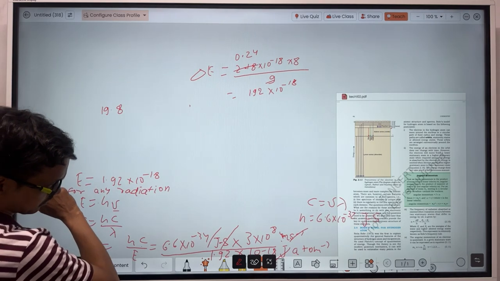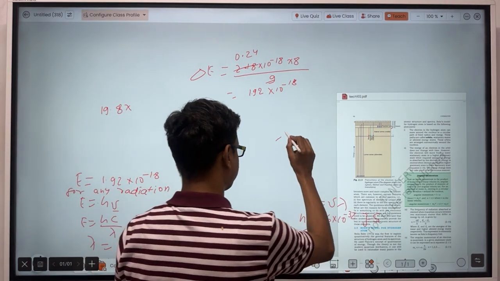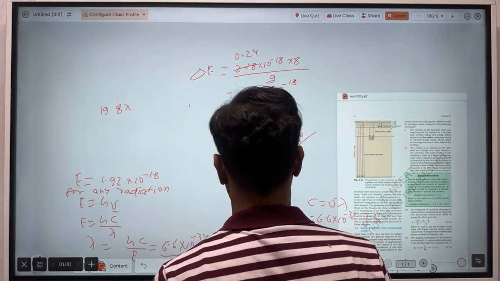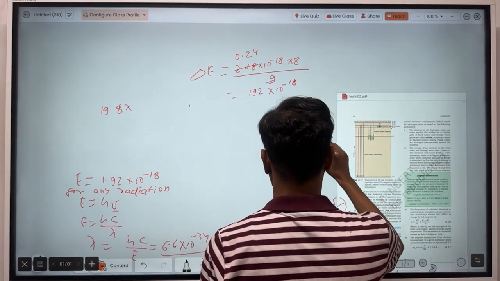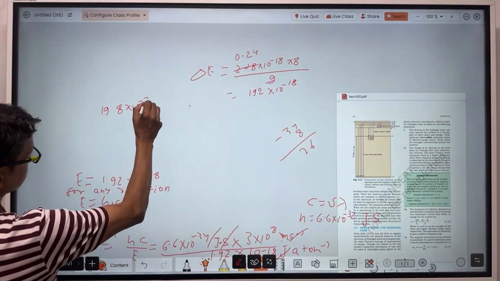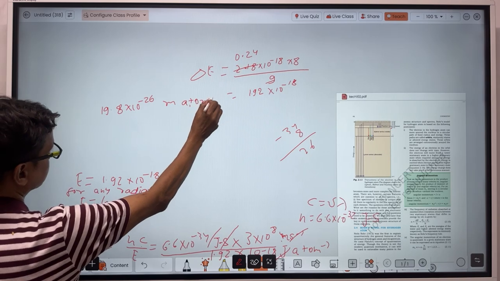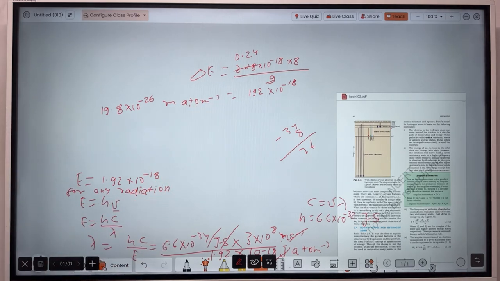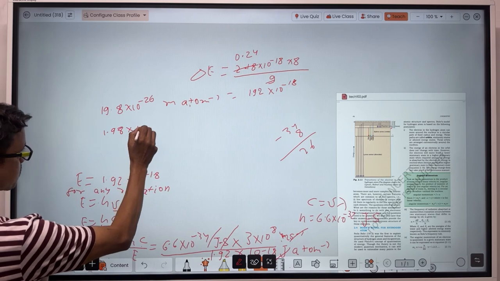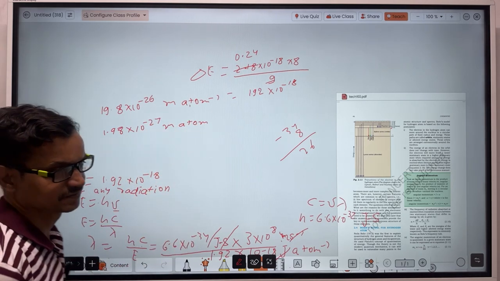So 19.8 into 10 to the power 34 minus 8, minus 34 and 8. So that 10 to the power minus 26. That is meter per atom. So wavelength of that radiation will be 1.98 into 10 to the power minus 27 meter per atom.